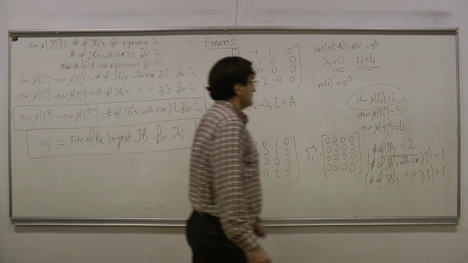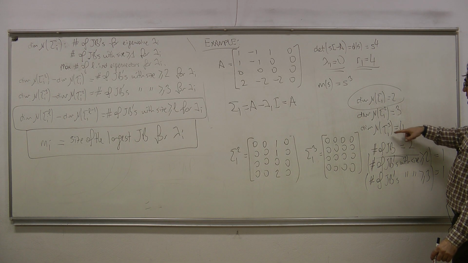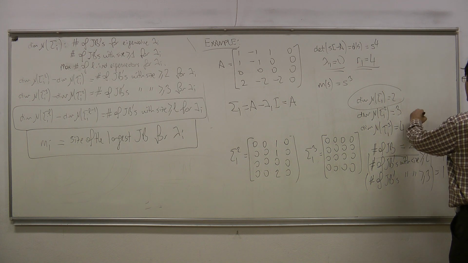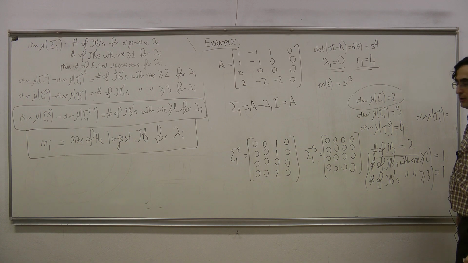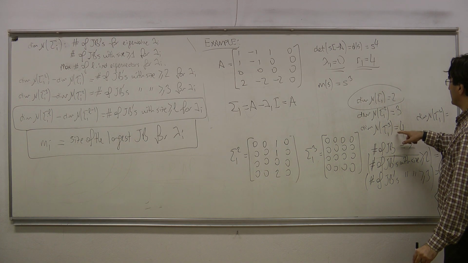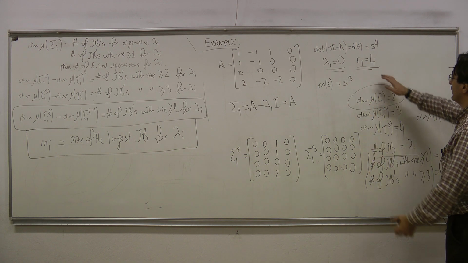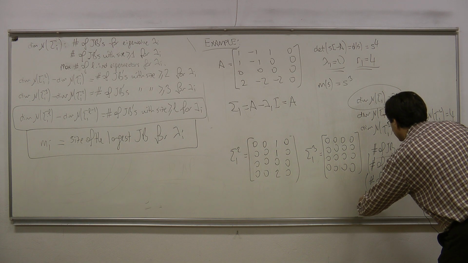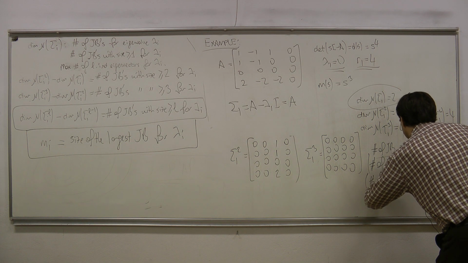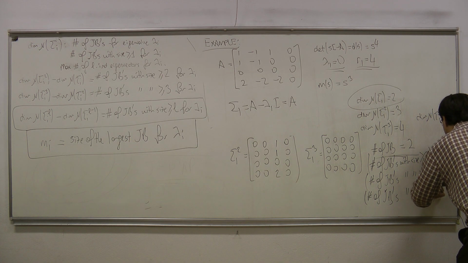Try to continue this logic. What would be the dimension of null space of sigma 1 to the 4? If you increase the power any further, it would remain at 4. There is nothing to grow. The largest dimension will remain as 4. So what about the number of Jordan blocks with size larger than or equal to 4?